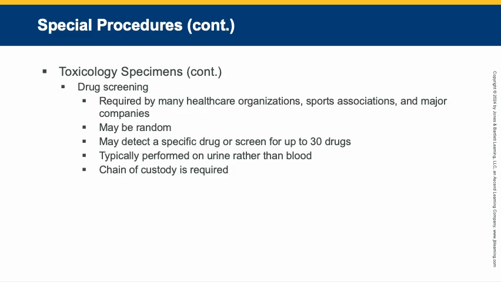Drug screening is required by many healthcare organizations, sports associations, and lots of companies. They may even do random drug screens, and they can detect a specific drug or screen up to 30 drugs. Typically it's performed on urine rather than blood, but chain of custody is still required for these.